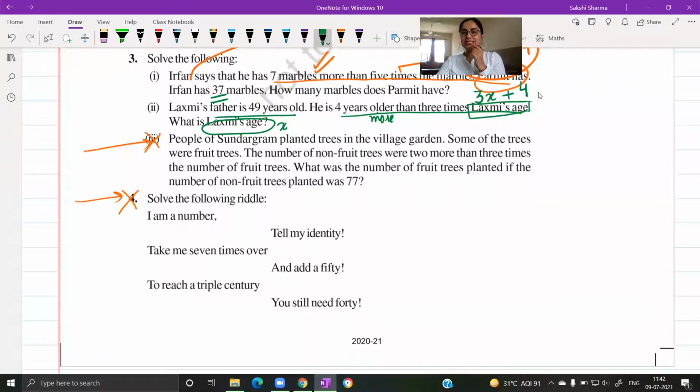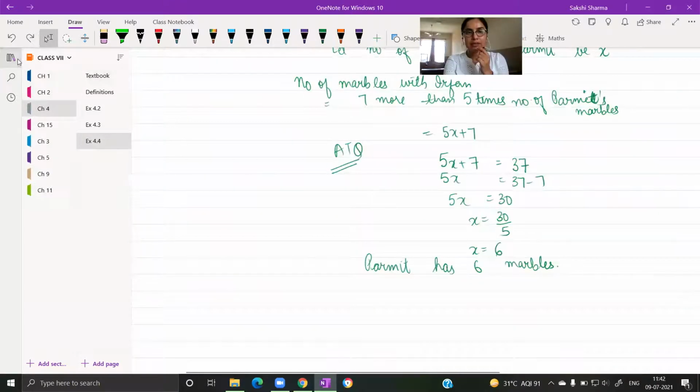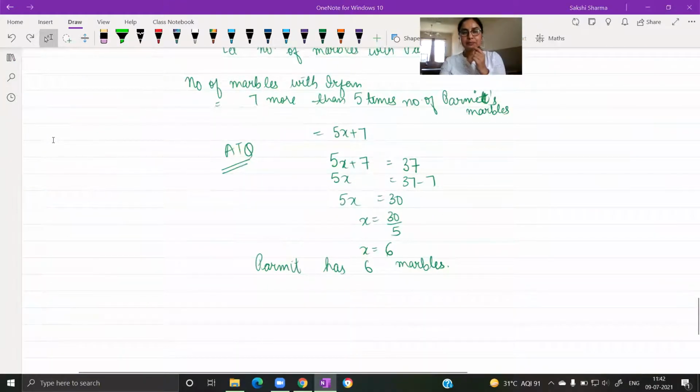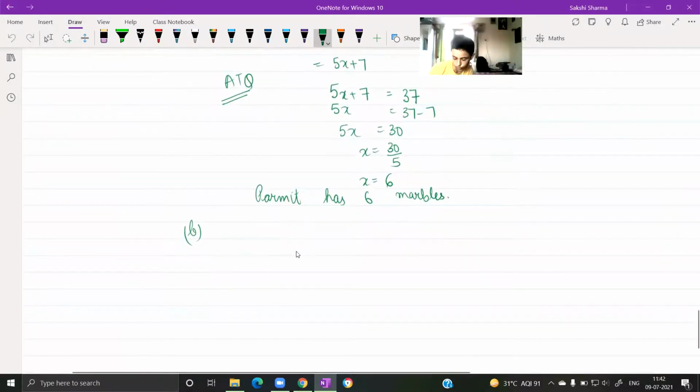All right. So this actually is equal to 49. Her father's age actually is equal to 49. The equation will be 3x plus 4 equals to 49. You can solve it and then find out the value of x. That will be Lakshmi's age. Let's quickly write the answer. Ma'am, 3x plus 4 equals to 49.